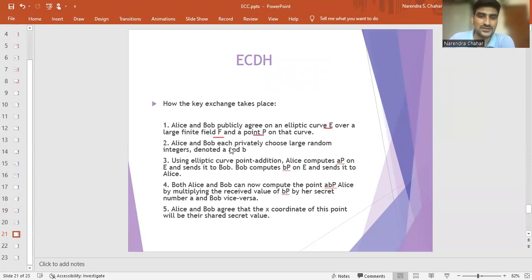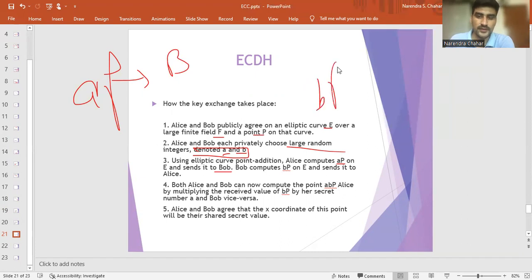Now, each privately chooses a large random integer denoted by a and b. So they choose a and b here. Now, using the elliptic curve point addition, Alice computes aP on E and sends it to Bob. So aP is calculated and sent to Bob. Bob computes bP on E and sends it to Alice.